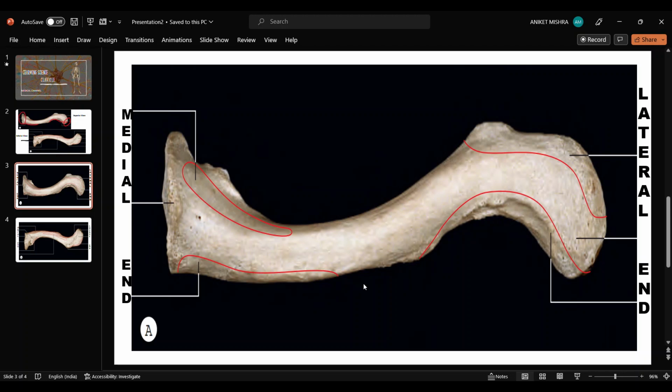It is smooth and rounded laterally, forming the upper boundary of the infraclavicular fossa. It is roughened medially and smooth laterally. Its margins give attachment to the costoclavicular ligaments.